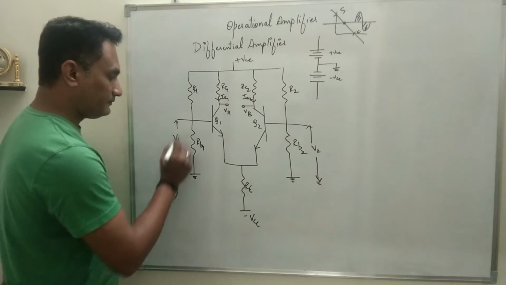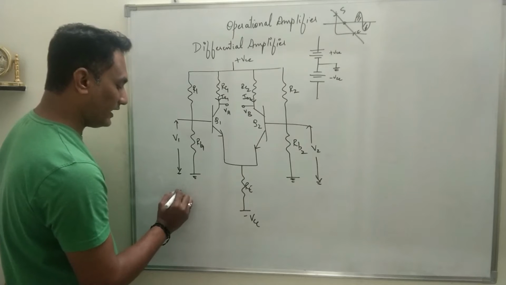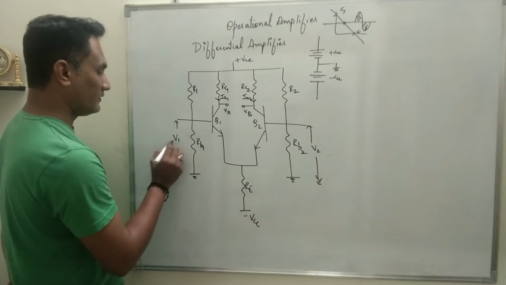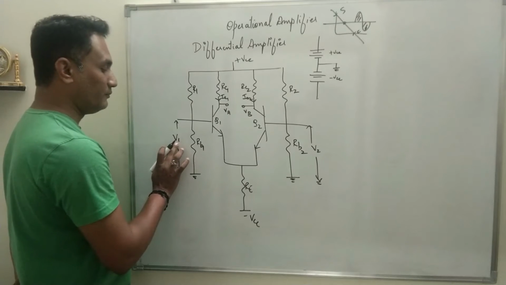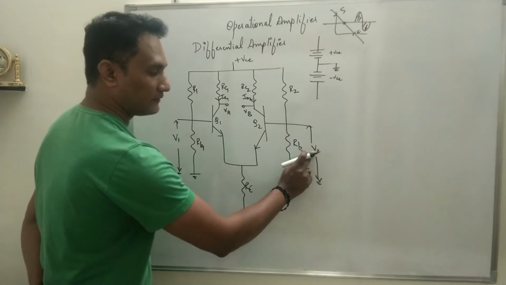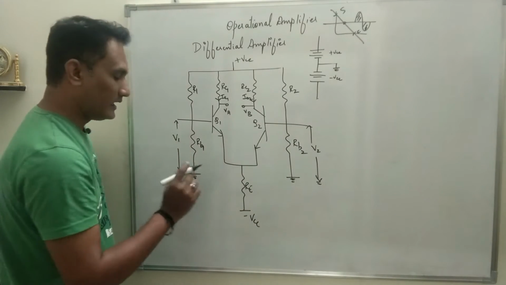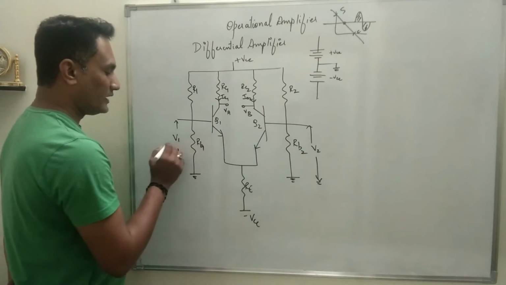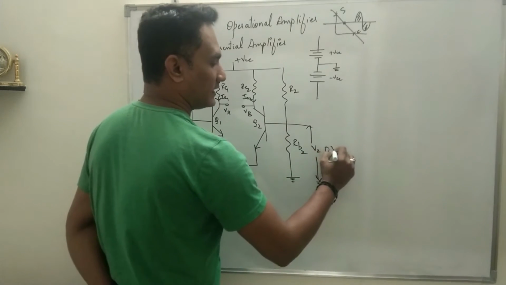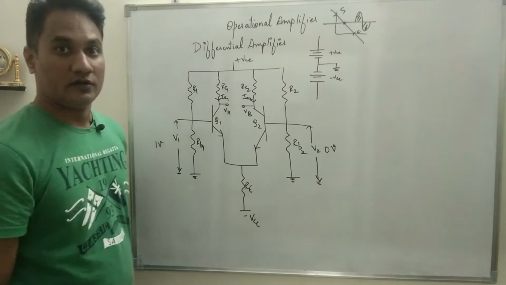Now, in a differential amplifier, when you apply input at V1, V2 will be ground. If you apply input at V2, V1 will be ground. Suppose V2 is ground and input is applied to V1. So this is 1 volt, and here, as it is connected to ground, it will be 0 volt.